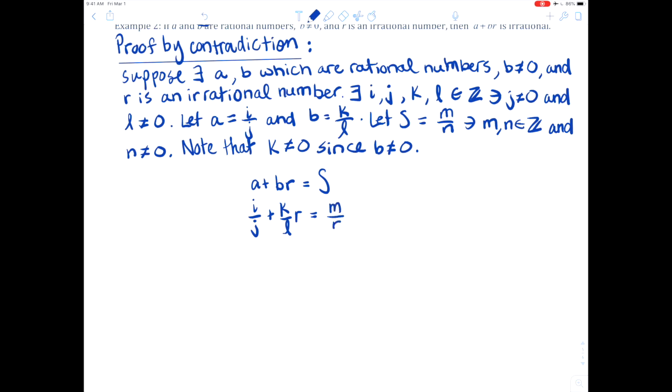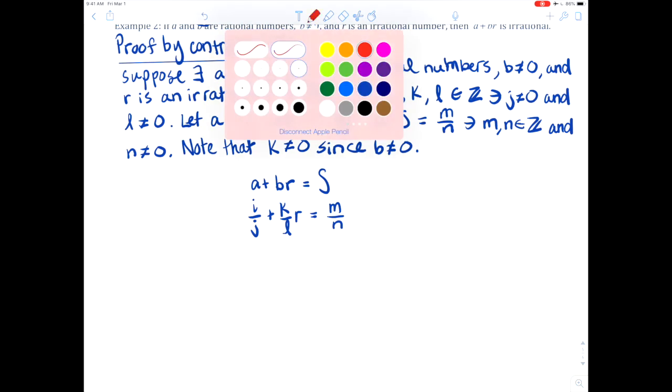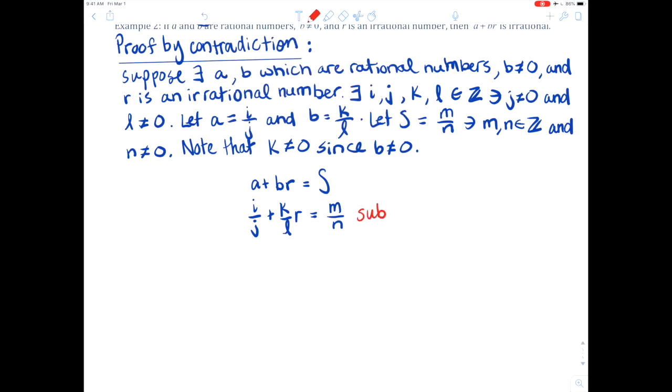Beautiful, M over N. And that was all just by substitution. So again, what do you think we want to do? We want to isolate R because our R was given in our premise to be irrational, right? And so if we show that you would get a rational result for R, then that would be our contradiction.